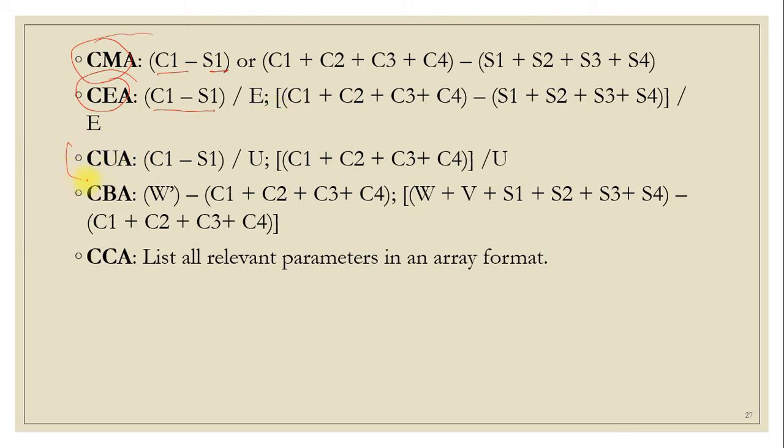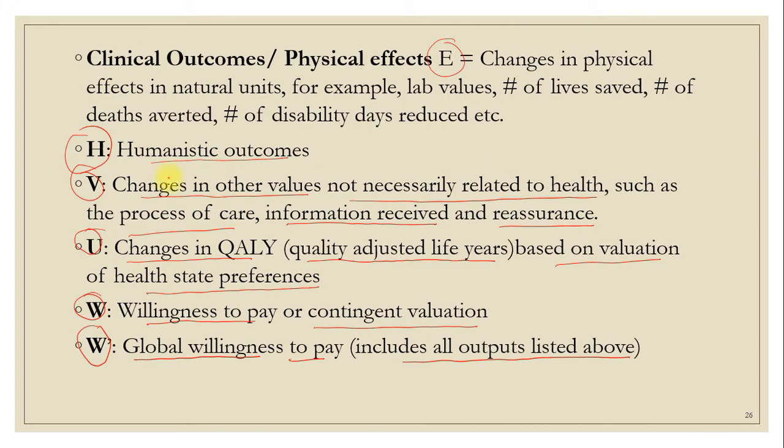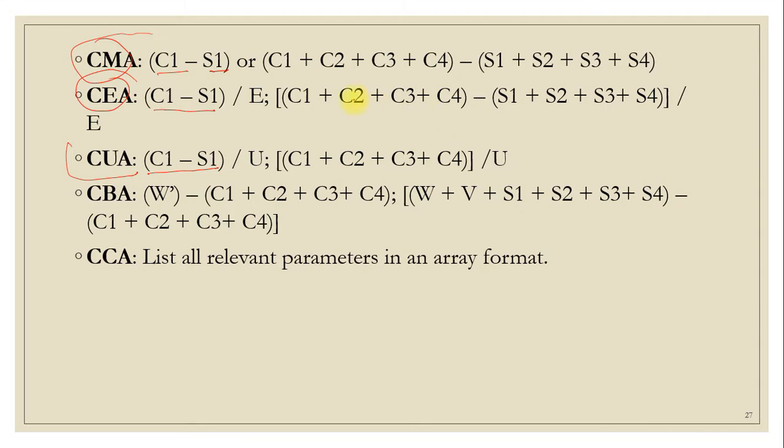The next methodology we have is CUA, that is C1 minus S1 divided by U. Okay, so U is here, that is changes in quality.